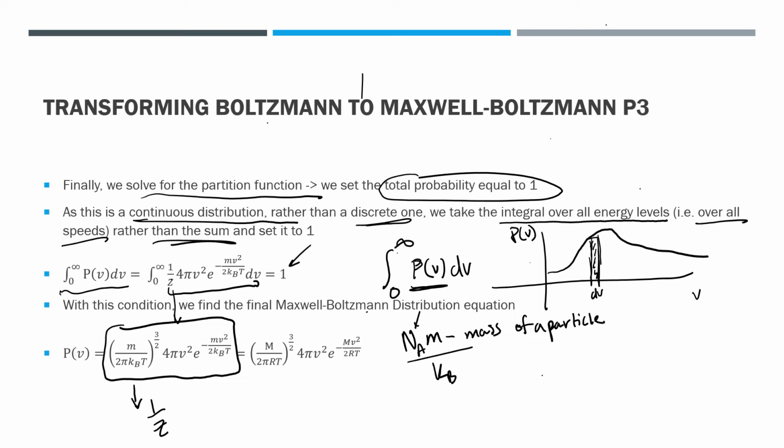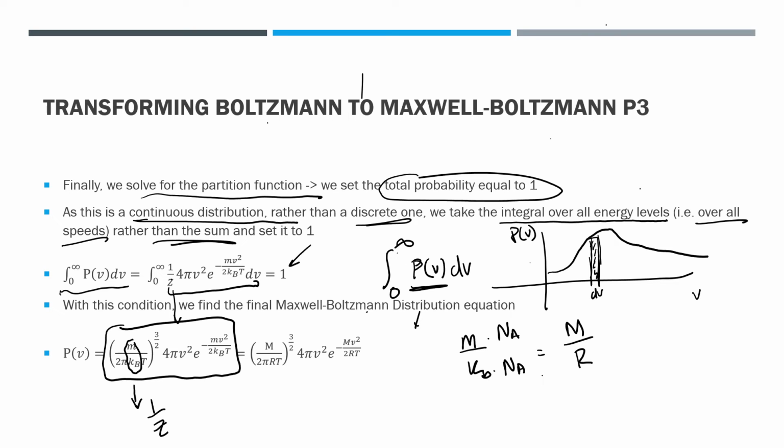If I have a term that looks like m over kb, I multiply the top and bottom by Avogadro's number. What do I get? I get the molar mass over the Boltzmann constant times Avogadro's number, which is just R, our gas constant. There are two places where I have m over kb: in the exponential term and in the z factor. So I can substitute this with molar mass over R, and you can see that's what I did in the final equation.